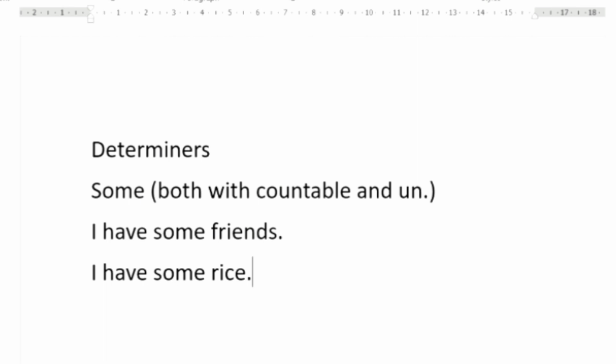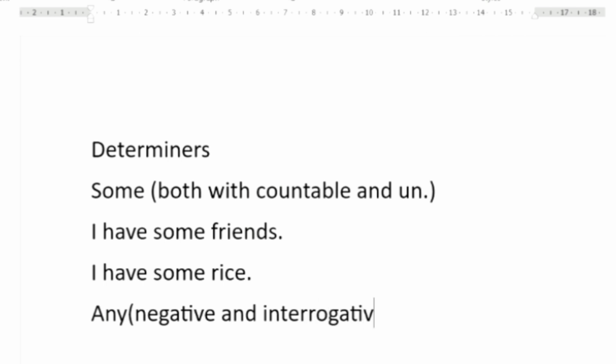Okay, next comes any. Now, any is basically used in negative and interrogative sentences. What do I mean by interrogative sentences?